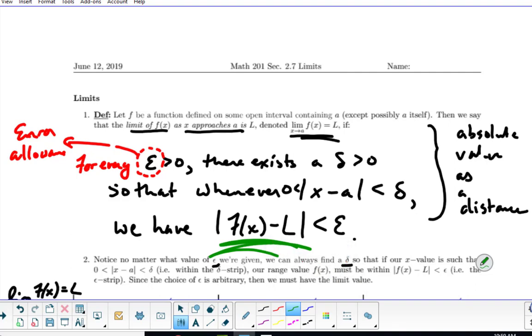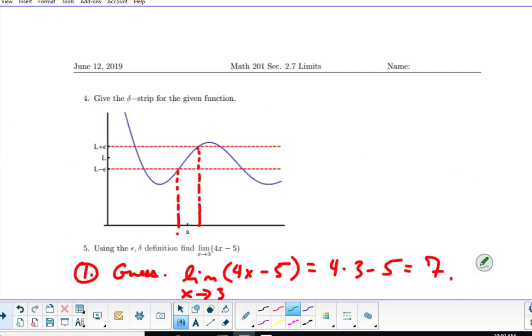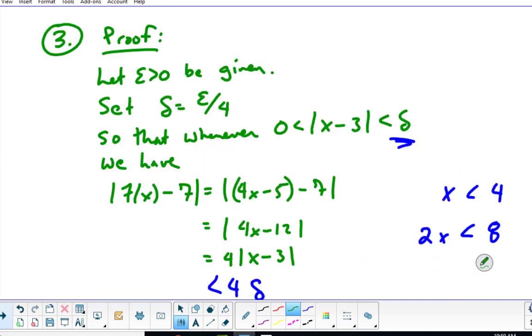Did we show that? Well, we said give us the distance you want to get within the true value of the limit, what we think it is. Okay, fine. As long as your x values get within epsilon over 4, we think we can make that happen. Sure enough, what does this represent?